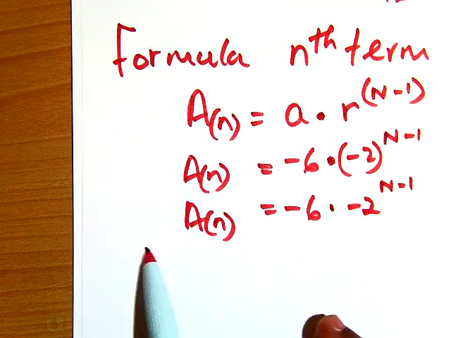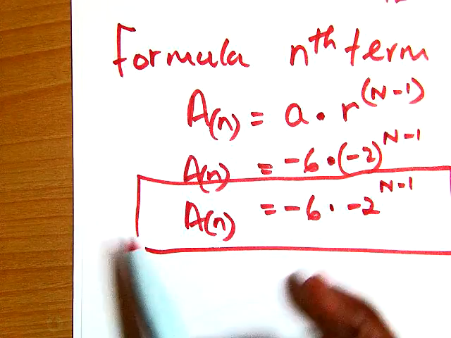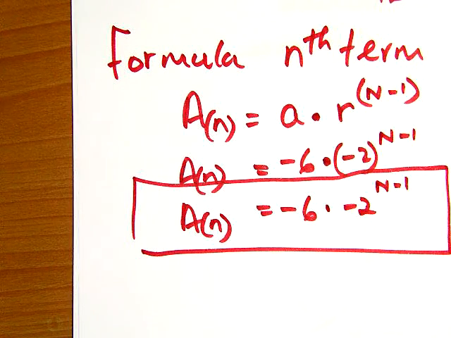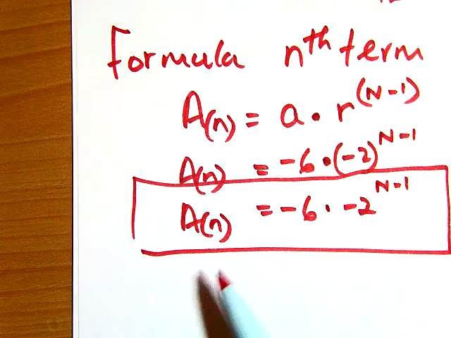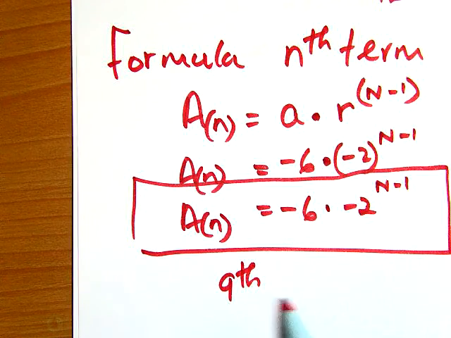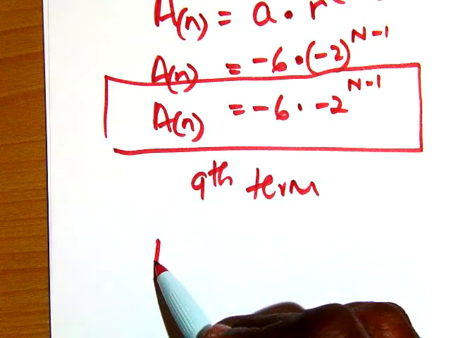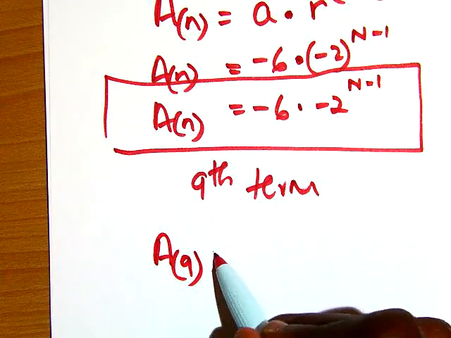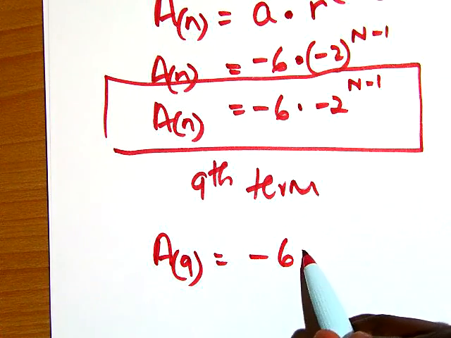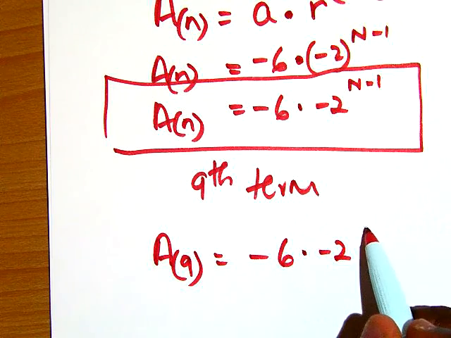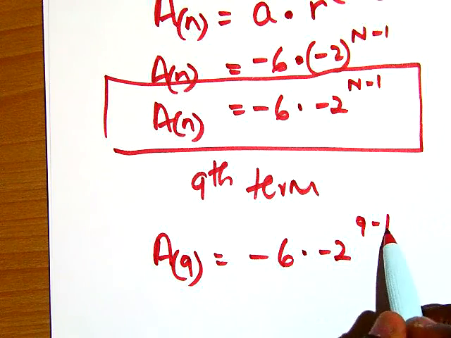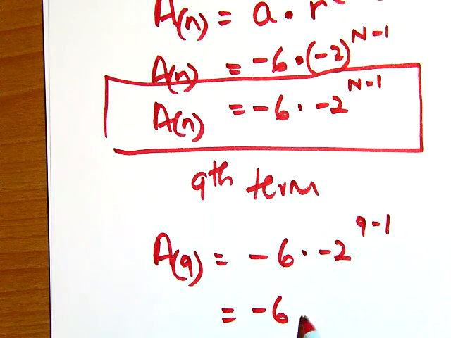With this formula, I can find the value of any term number. Let's say, for example, I said to you, find the 9th term in this sequence. Then I just simply use the formula and replace n with 9. So the 9th term would become negative 6 times negative 2 to the 9 minus 1, which is negative 6 times negative 2 to the 8th power.